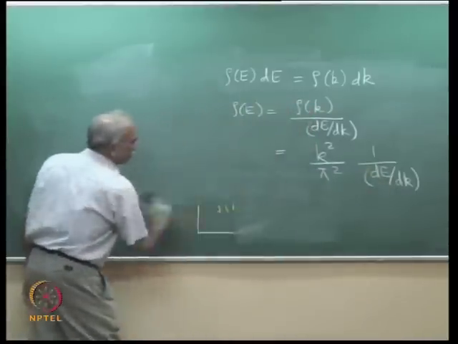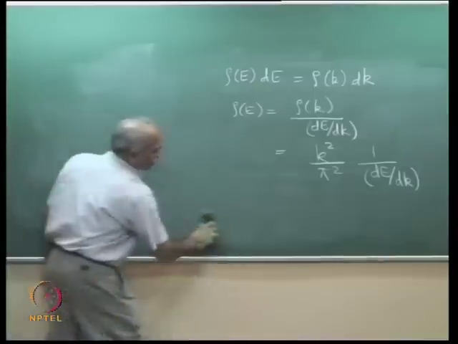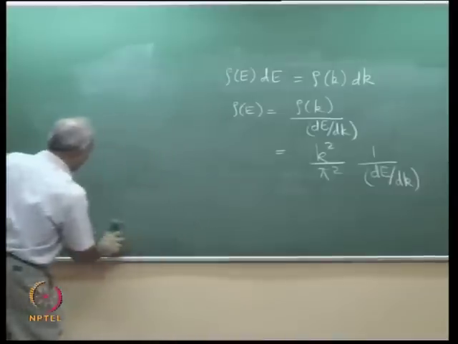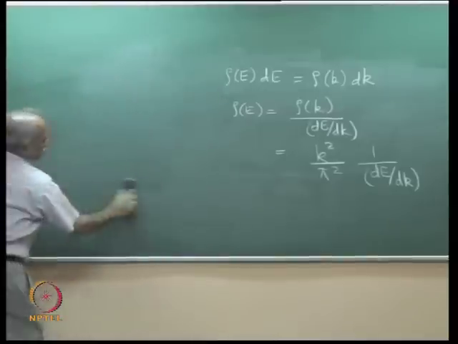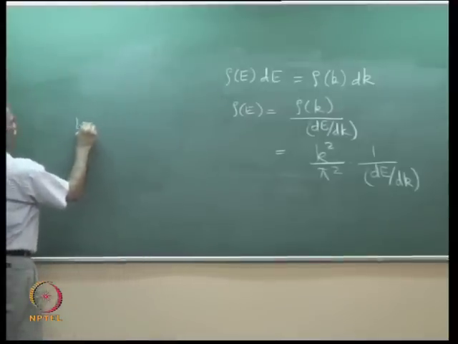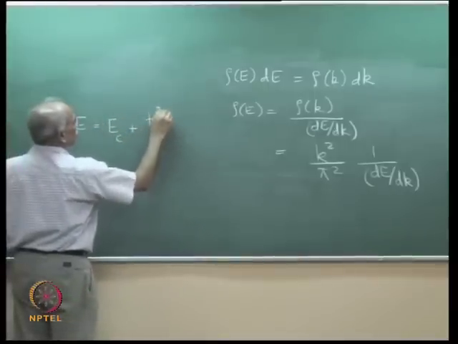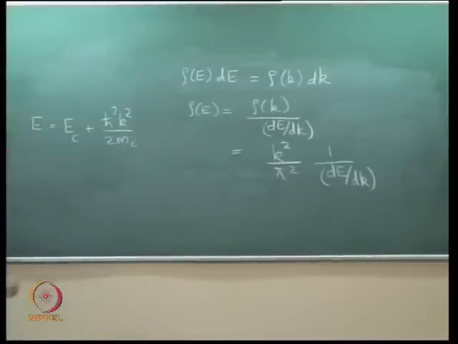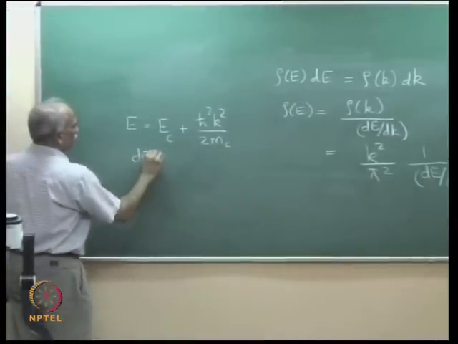It's very simple algebra. As I have been saying, usually we consider the electron and hole states where the parabolic approximation is a very good approximation. So in the conduction band, the energy of electrons is given by EC plus h cross square k square divided by 2 mc. Therefore, let me do dE by dk here.